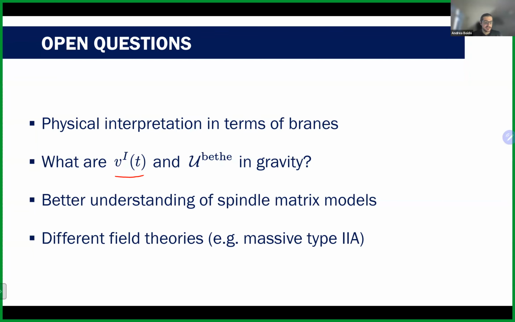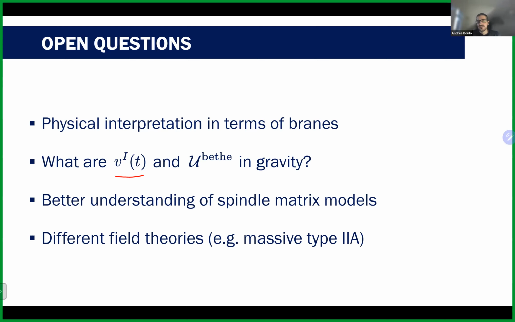Finally, you can think of different field theories. There are other three-dimensional field theories where you can do localization and use these kinds of matrix models, but these are not dual to M theory, and have a different scaling with the number of branes. For instance, I brought here the massive type IIA theories.